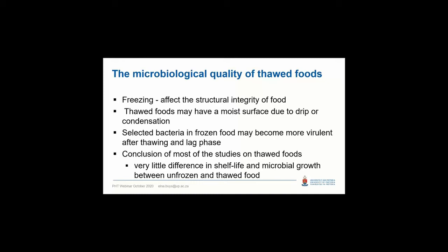The conclusion of most studies on thawed foods, and there are actually not many studies that look at the thaw process itself, most focus on the freezing aspect, is that there is very little difference in the shelf life and microbiological load between the unfrozen and thawed foods. So if the process is controlled and everything is done as it should be, then this is what we can expect.